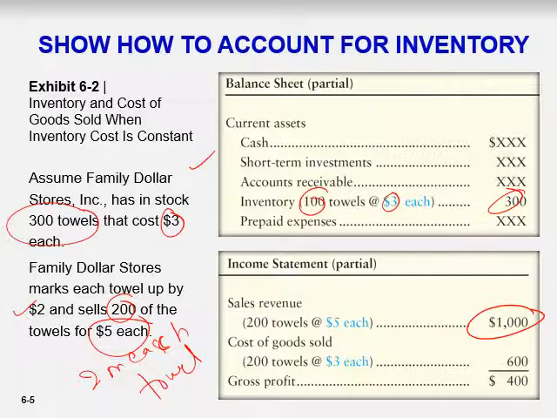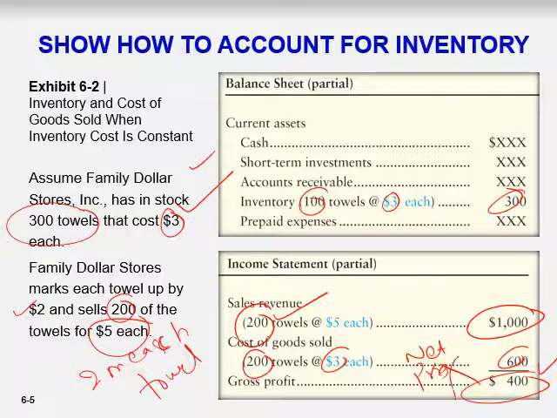In that case, our sales will be, we are selling 200 at $5 each, $1,000. And what is the cost of goods sold? The cost of the goods that you sold. So you sold 200, right? So the cost of 200 at $3 each is 200 multiplied by 3, which is 600. So that $400 is called gross profit. Remember, this is not net profit. Why?